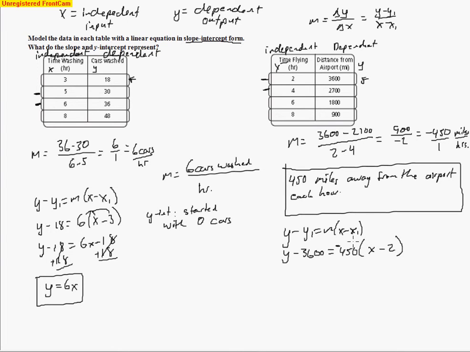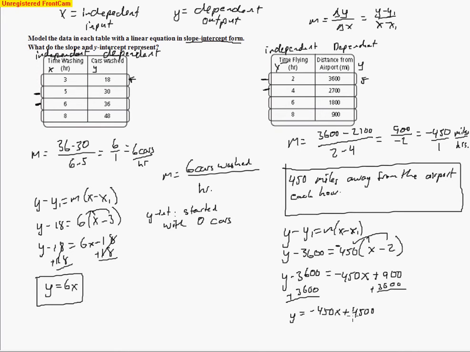So when I go ahead and distribute, I've got now y minus 3,600 equals negative 450x plus 900. And so I got that 900 by multiplying negative 450 by negative 2. So when I go ahead and add that 3,600 to both sides, this is what I get. Y equals negative 450x plus, and I get 4,500.